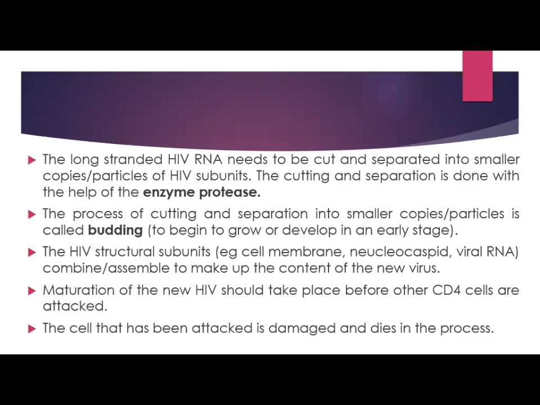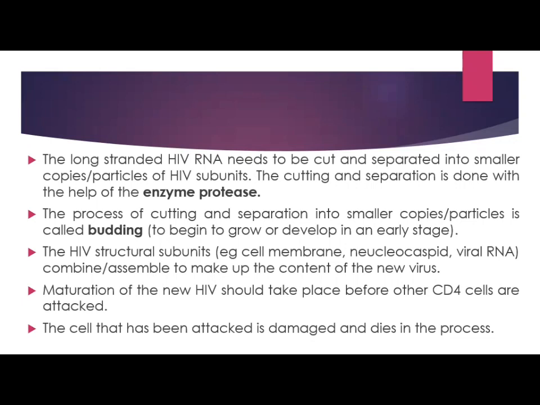Once this happens, where there is budding and the new virus is produced, the CD4 cells can recognize that this cell is ours, but it is defective. So the new viruses will have to form quickly before the immune system can recognize and attack these cells. The reason why the immune cells attacking the CD4 cells is not that fast is because it is the same cell. It is the other CD4 cells that are infected.